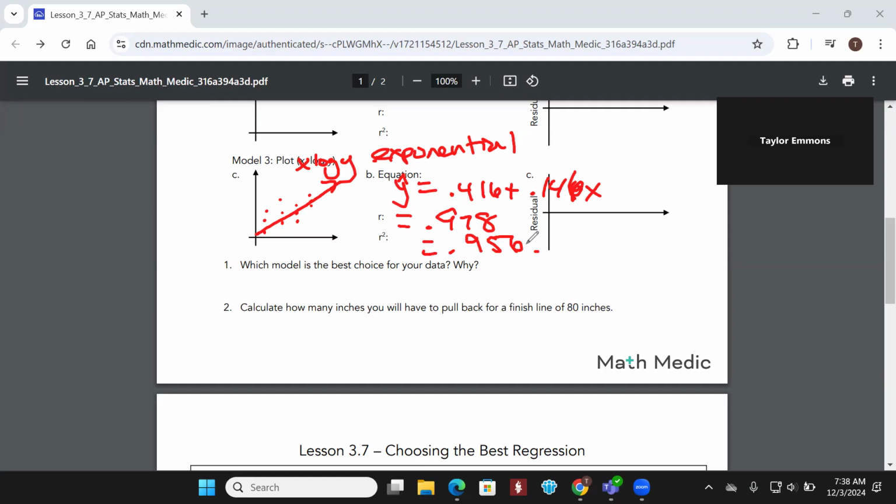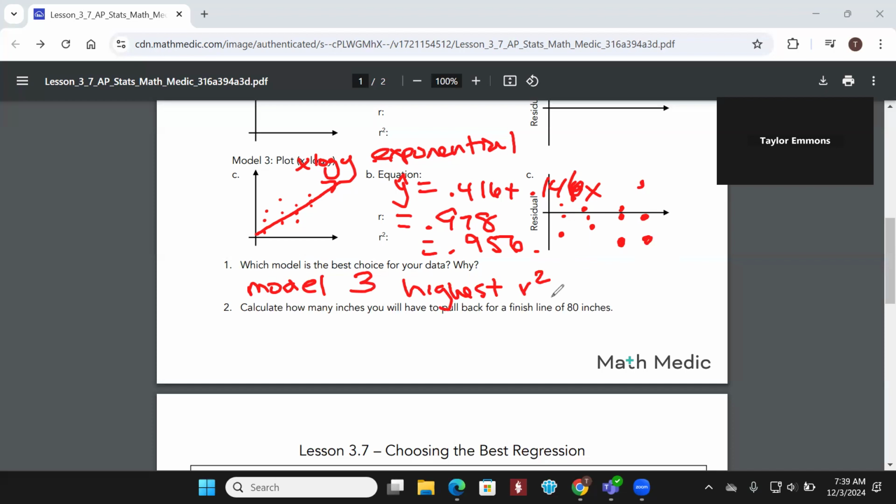Your residual is a little bit closer to the line. Okay, so it's a little bit closer to the line, but not quite. So which model is the best choice for your data? That's probably going to be model 3, because it has the highest r squared value.